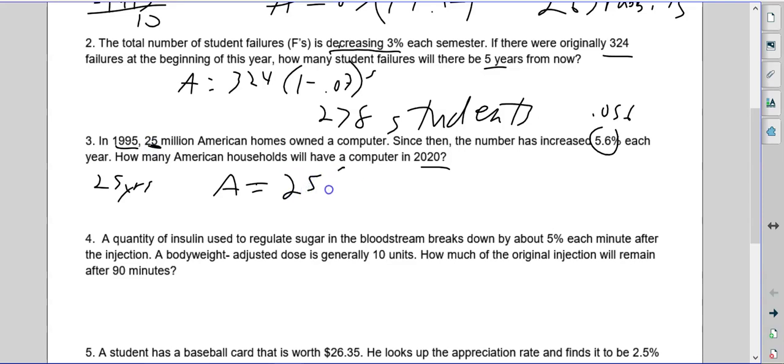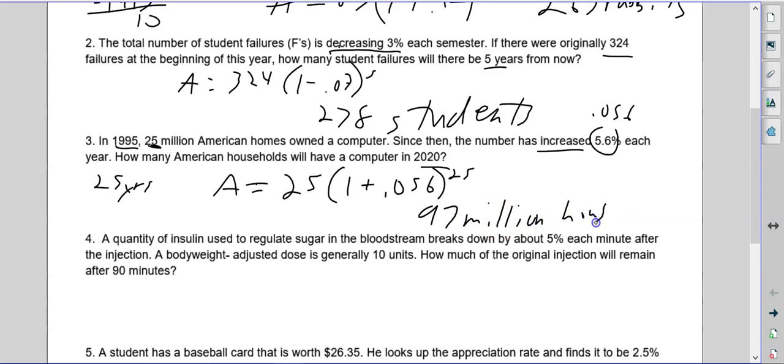We don't need to have this huge number. So since it's increasing, that means we're using our plus formula, 0.056, 25 years. Now we get 97, and all we do is say 97 million households. So since this is 25 million, this is 97 million.